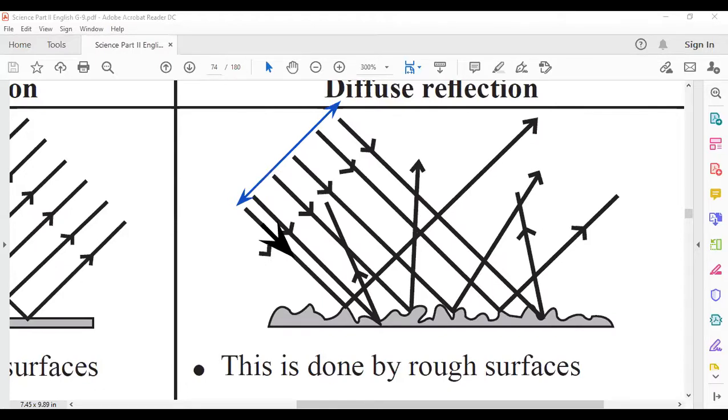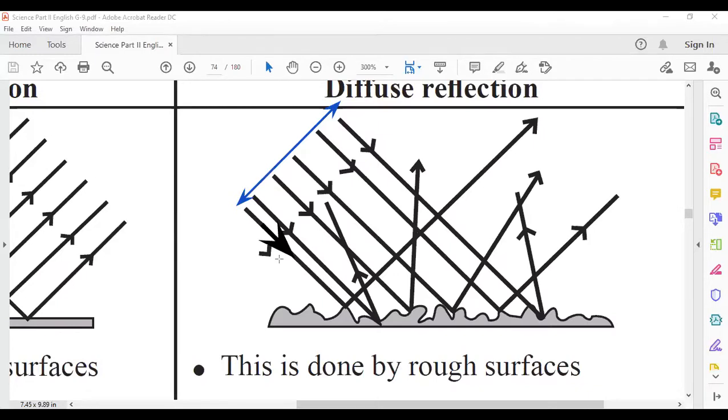So what is the quality you want for parallel? No, I'm asking about the incident rays. You have studied mathematics.